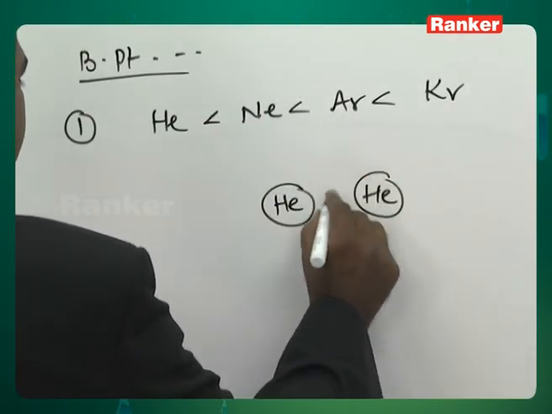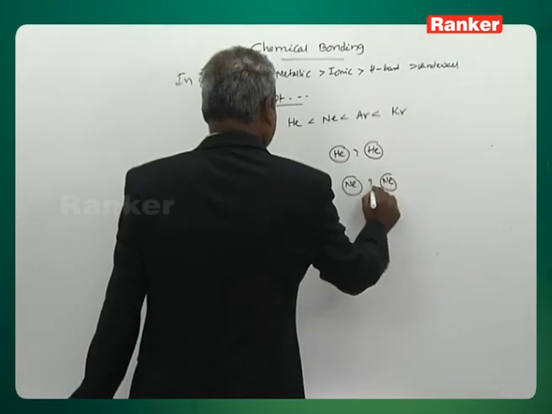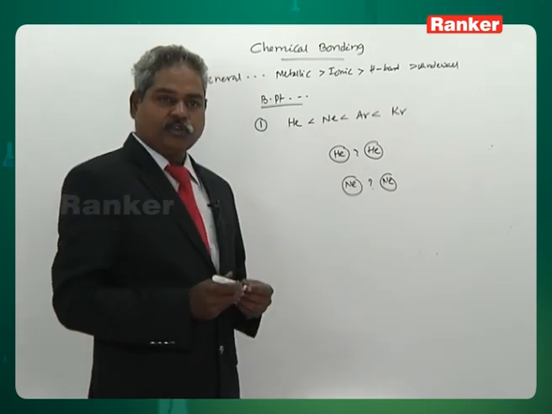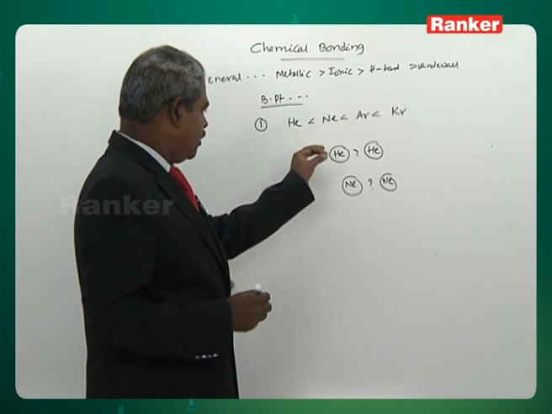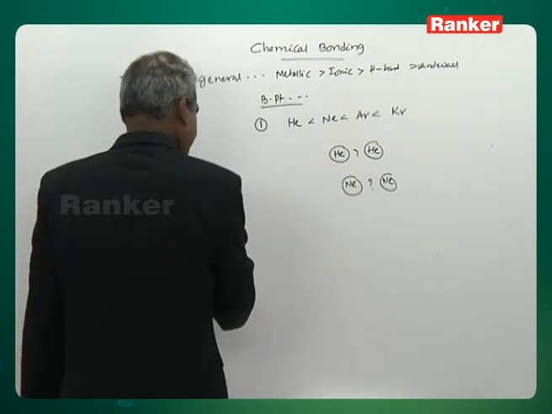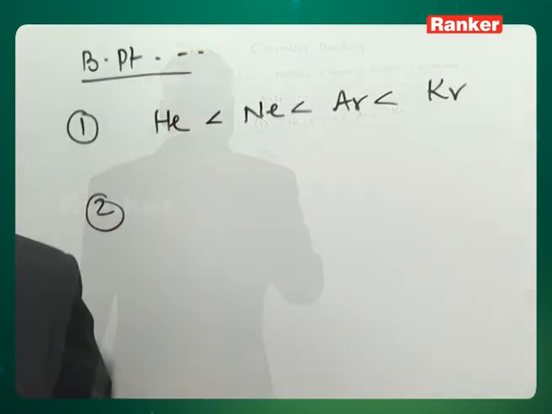What exists between two atoms of helium and two atoms of neon? Nothing. That nothing, of course, is called van der Waals. There is no other force of attraction, and you have to rely only on the mass, the van der Waals force of attraction. Now, fluorine, chlorine, bromine, iodine.